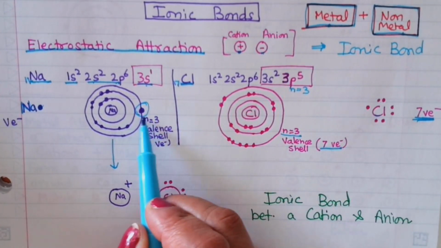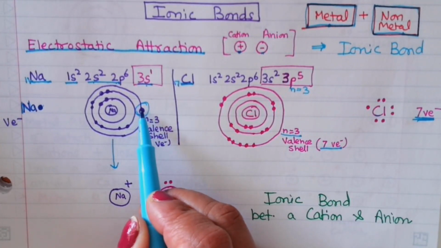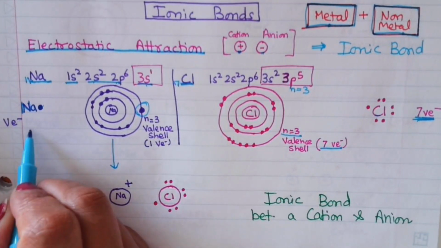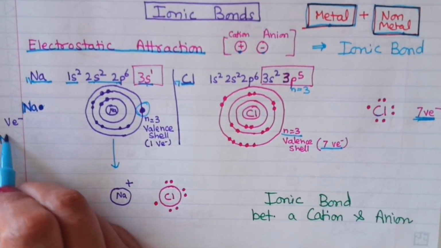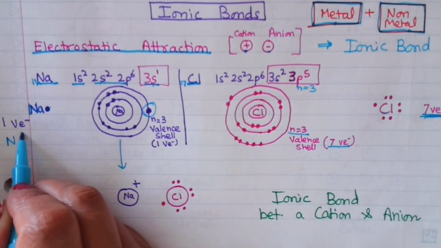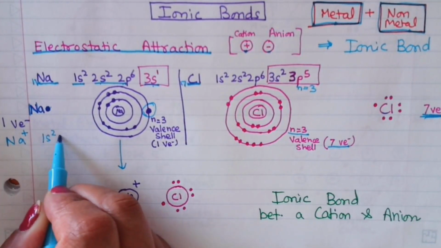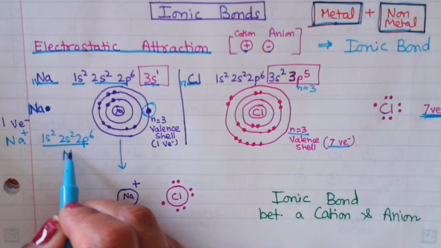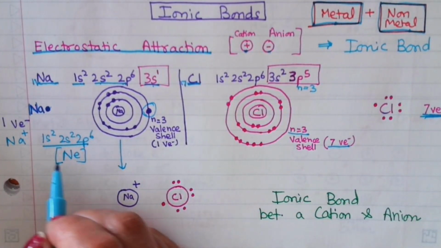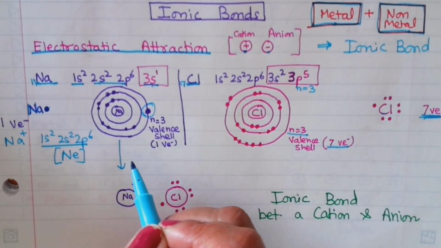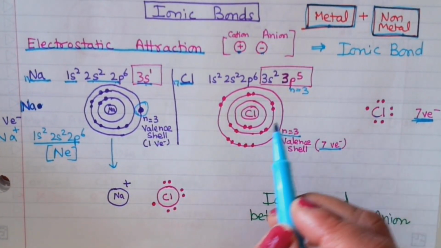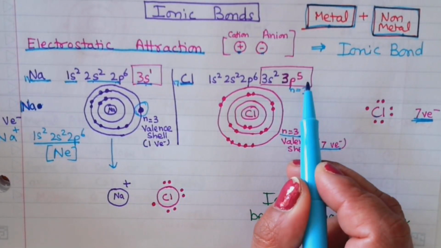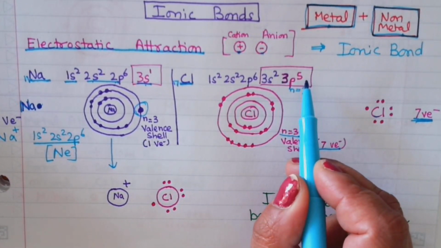So sodium, when it loses one electron, will have the noble gas configuration of neon. So the sodium ion is going to be 1s2, 2s2, 2p6, which is just like neon, right? So sodium is happy when it loses one electron, and chlorine can gain one electron to get a 3s2, 3p6 configuration, which is just like argon.